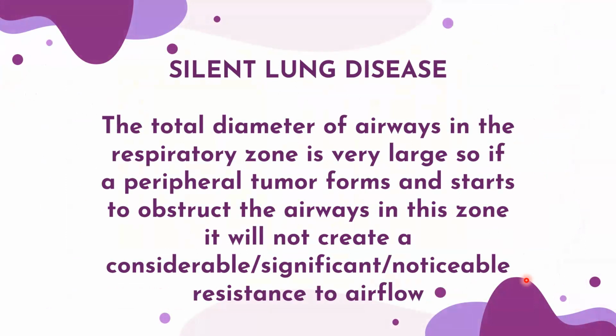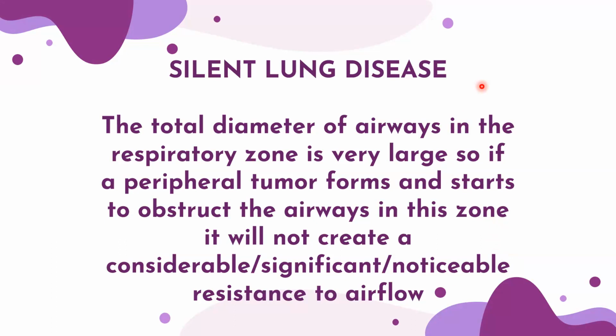Now, we talked about how the number of terminal bronchioles was 30,000. So imagine if you have a tumor growing in the peripheral airways, and it starts to obstruct, let's say, around 5 to 6 of these terminal bronchioles. You have a total of 30,000 bronchioles.